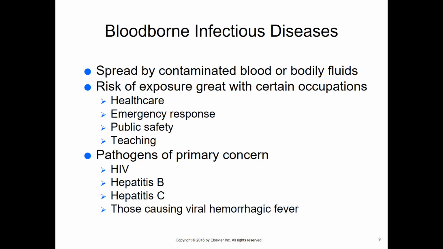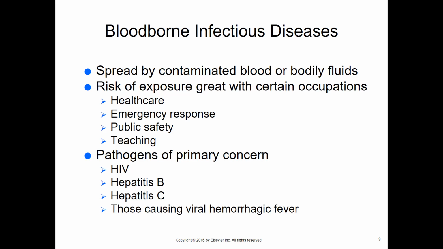So these bloodborne diseases are spread by contaminated blood or body fluids, and it can happen anytime we have exposure to the blood or the other body fluids, and then that infectious disease is transmitted. The bloodborne diseases can affect anybody that's exposed, but the risk of exposure is greater with certain occupations such as healthcare workers, emergency responders, public safety officers, teachers, and a few others.